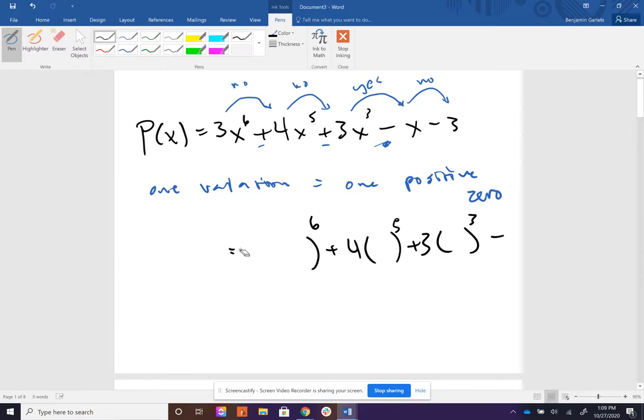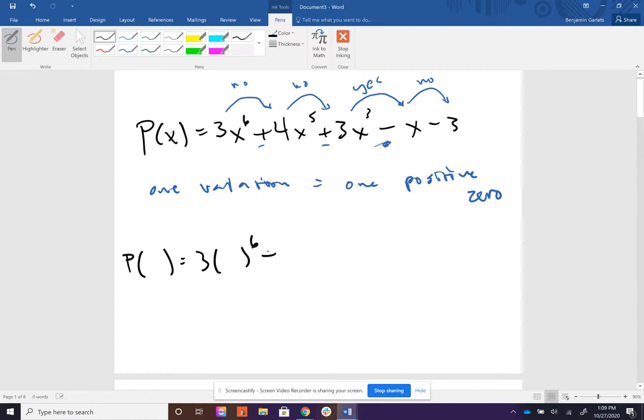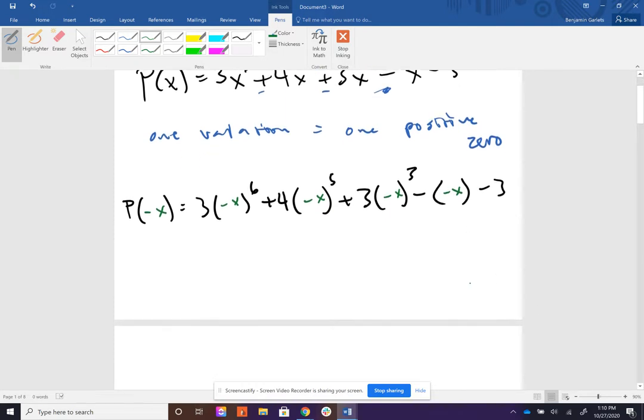I'm really bad at writing small. All right, let's try this again. Instead of having x in there, I'm going to write negative x and see what happens.